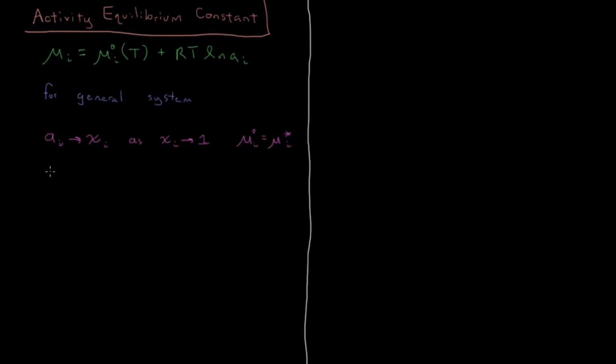We can also have activity defined in terms of molality, and we can have activity defined in terms of molarity, both measures of concentration of solutes. So the activity coefficient goes to molarity as the molarity of a solute goes to 0, and it goes to also the concentration as the concentration goes to 0, depending on whether you defined it in terms of molality or molarity.